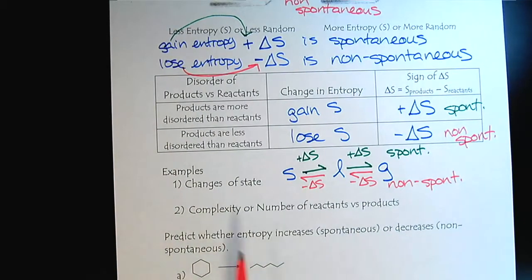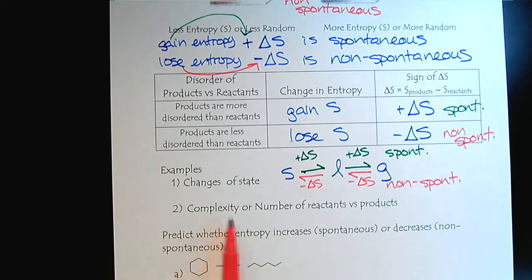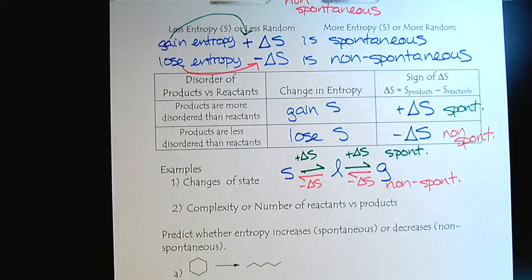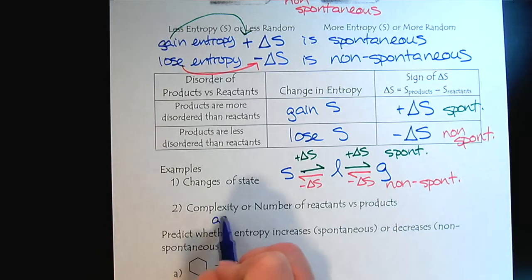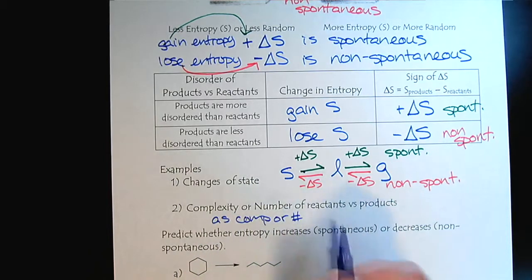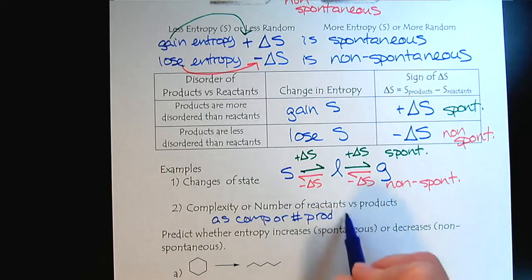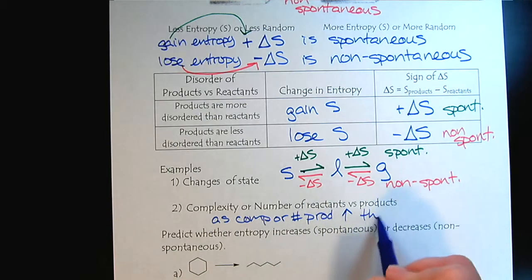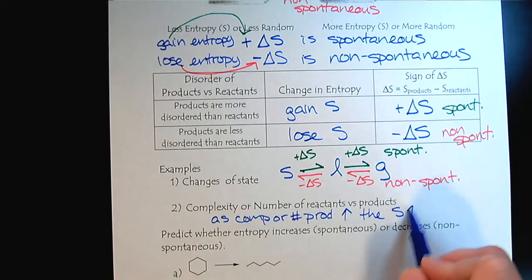We can also look a little more carefully at the complexity or the number of reactants versus products. So as the complexity or the number of products increases, then the entropy increases.